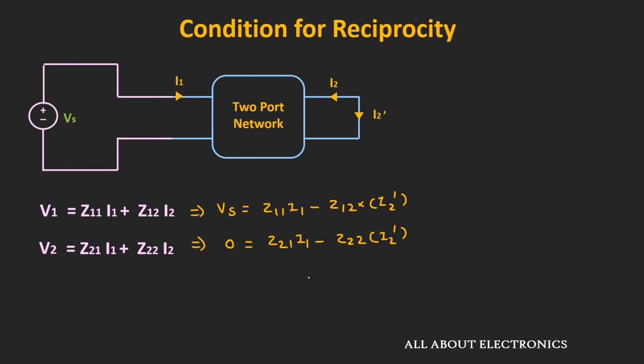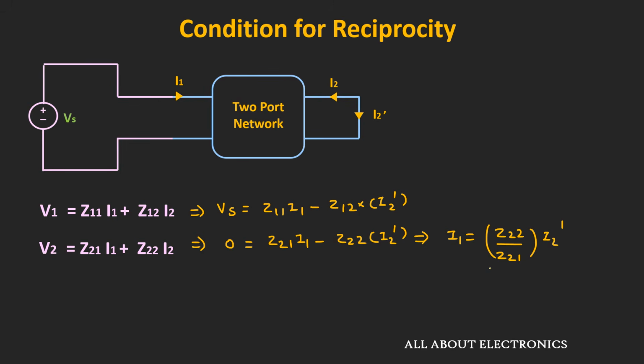Now here we are interested in finding the ratio of Vs and I2 dash, that means the ratio of the excitation to the response. For that, let us find the value of I1 in terms of I2 dash. From the second expression, we can say that the current I1 is equal to Z22 divided by Z21 times I2 dash.